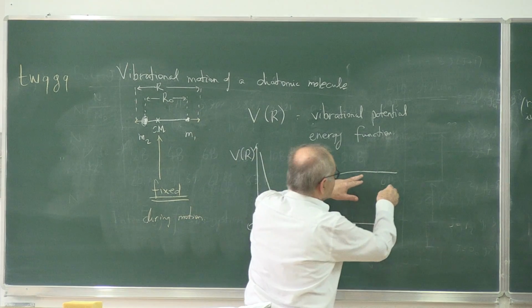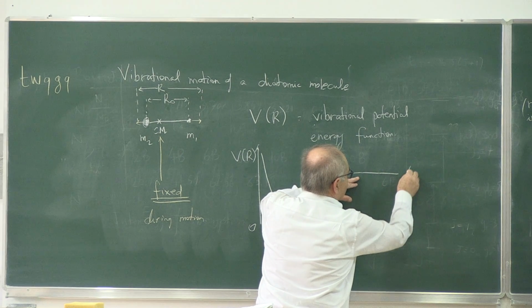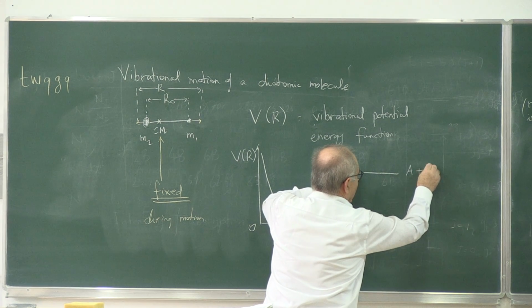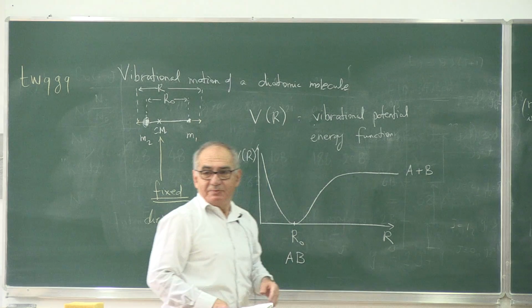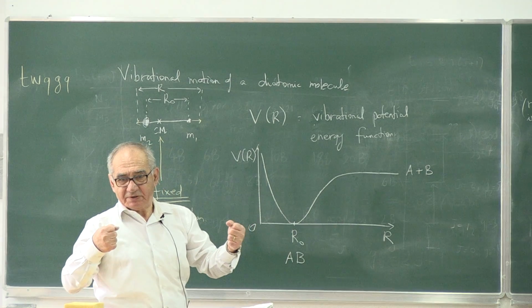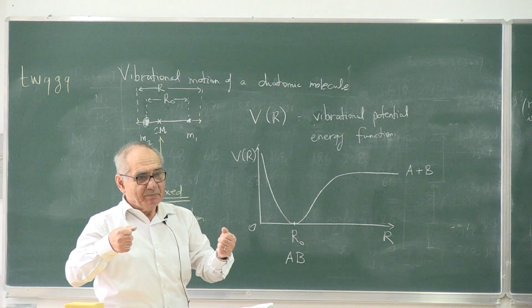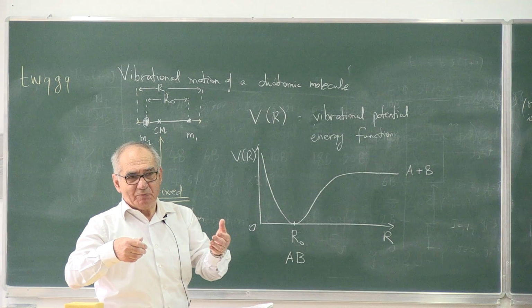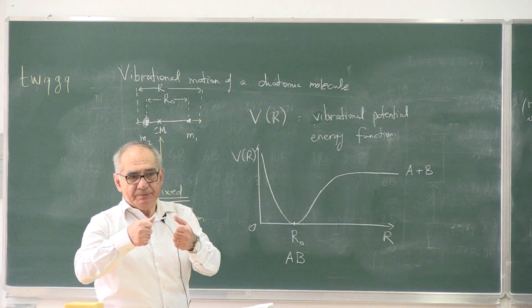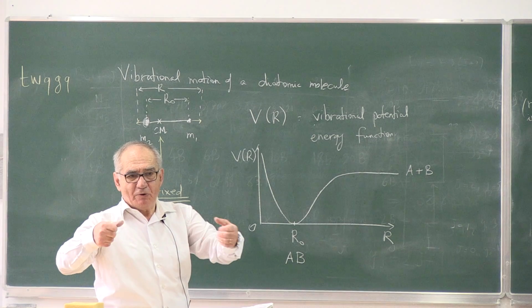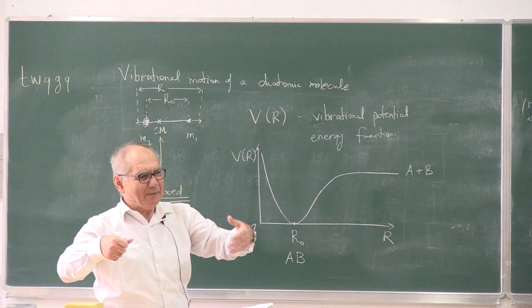This means that the two atoms are separated from each other by a long distance. But when the two atoms in a diatomic molecule are at a long distance from each other, how do we describe it chemically?